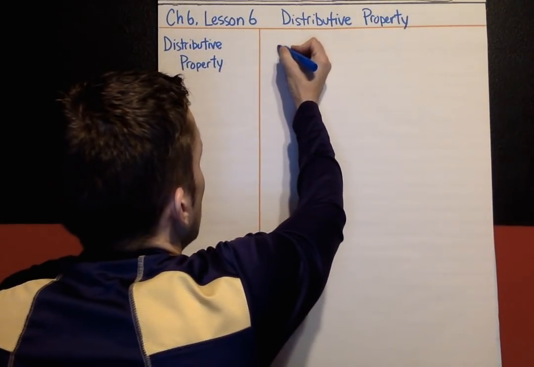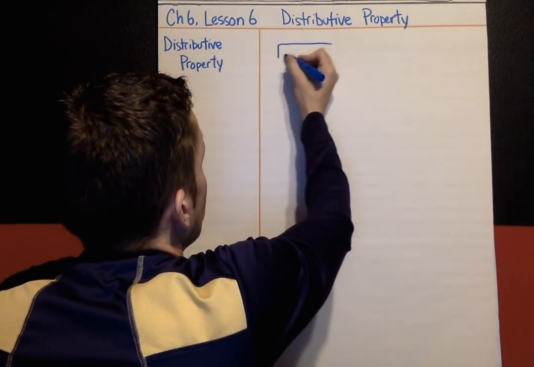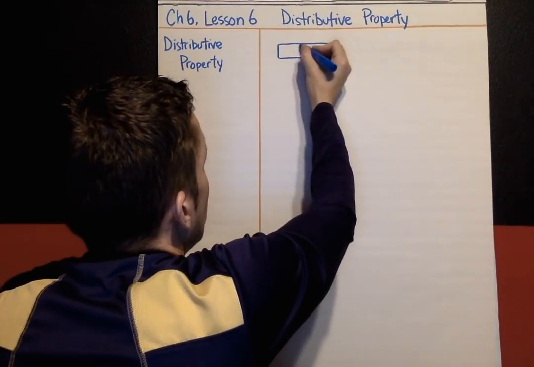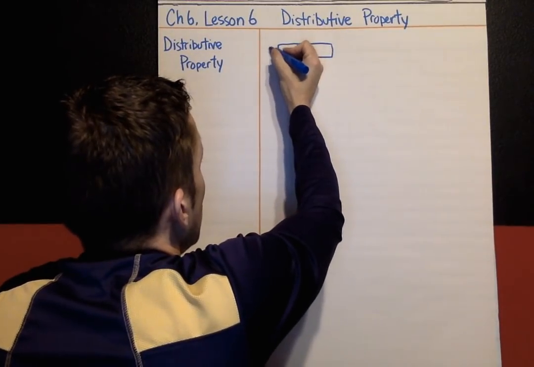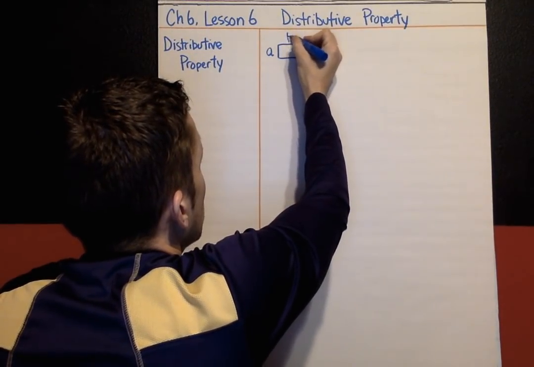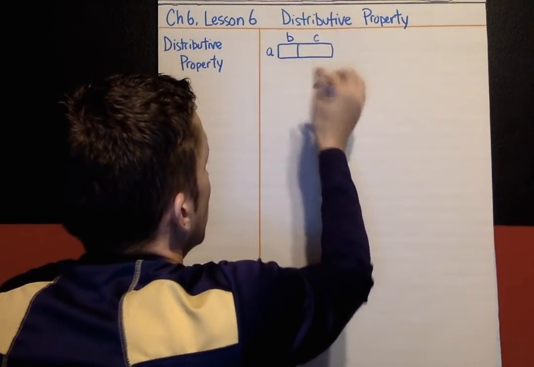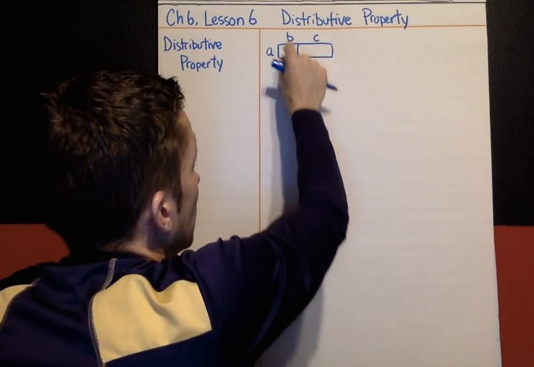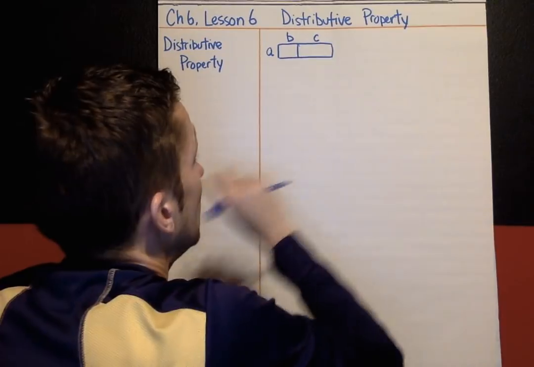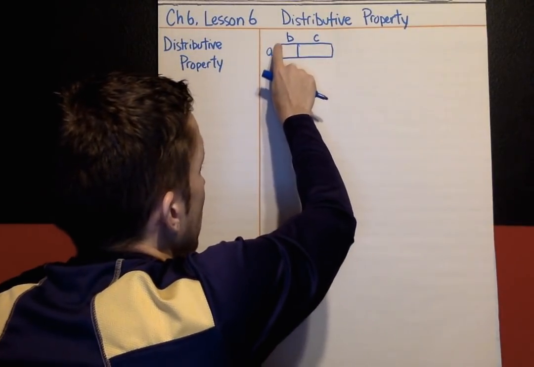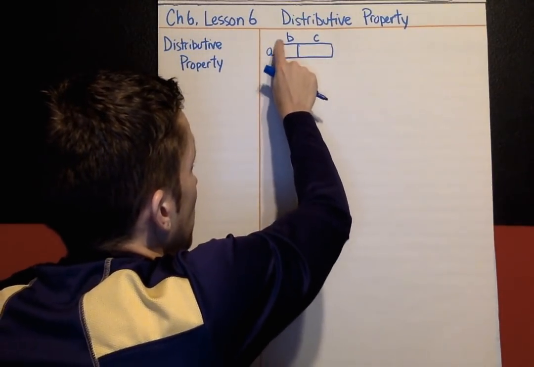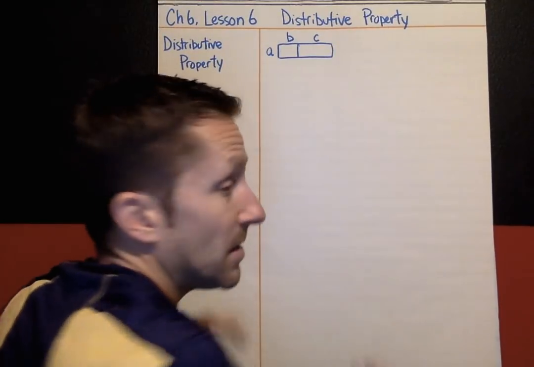So here's what we looked at in the lab. I'm going to use variables this time, and no numbers, all variables. If you have a long skinny rectangle, you can find the area by this dimension multiplied by this dimension.